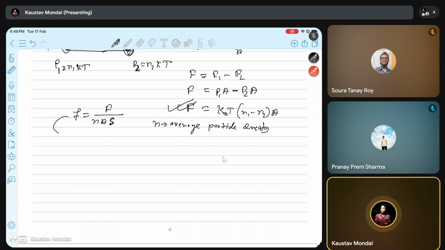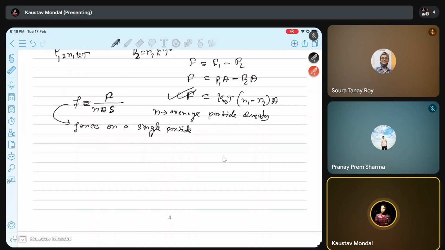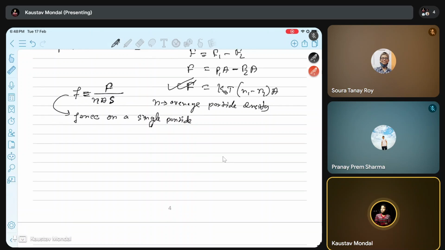This expression is the force on a single particle. You divide the total force by the total number of particles, and that number you can get by multiplying the density with the total volume.